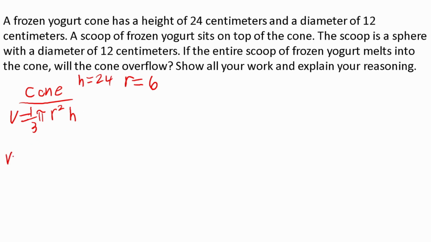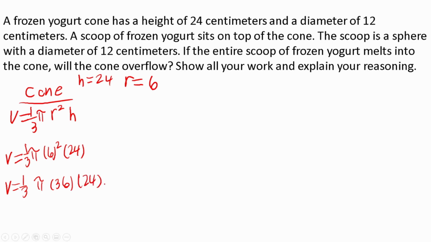Let's plug this in. We get V equals 1/3 pi 6 squared times 24. We could simplify this a little bit. We get 1/3 times pi times 36, which is 6 squared, times 24. And then let's multiply my 1/3, my 36, and 24.